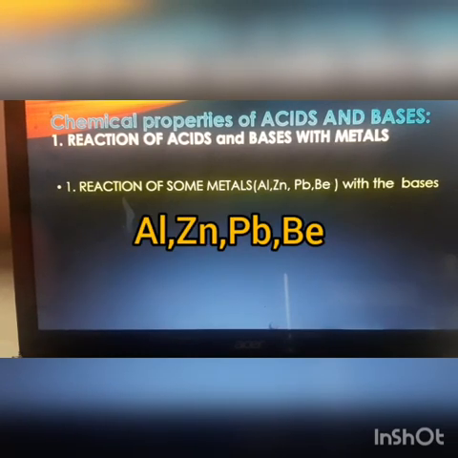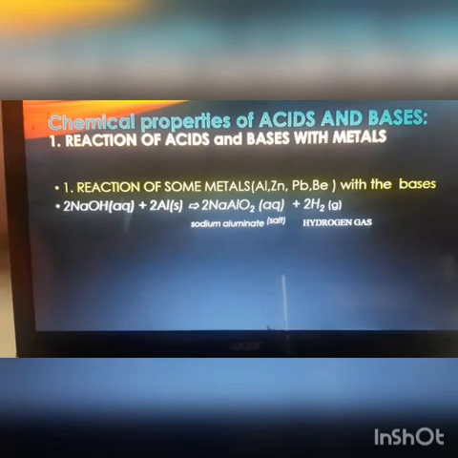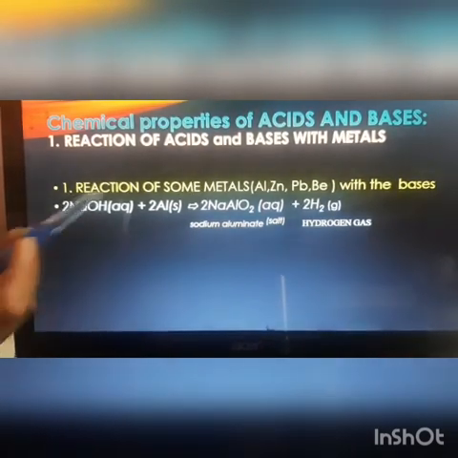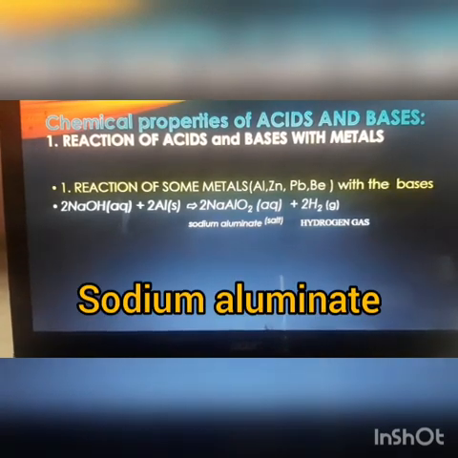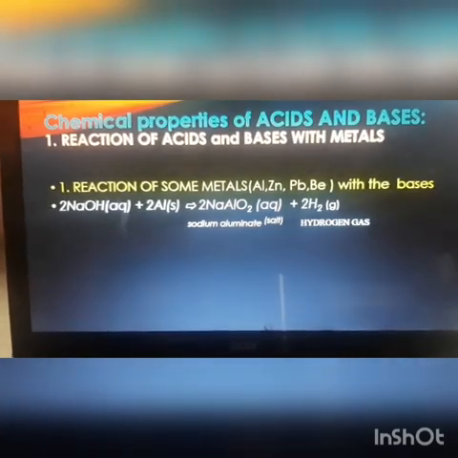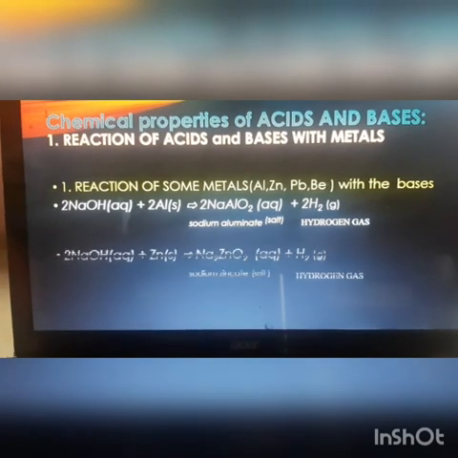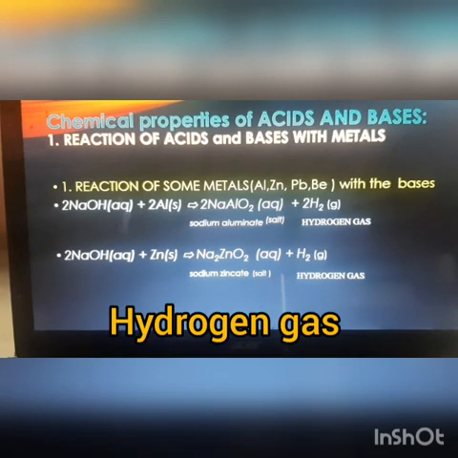Examples are aluminium, zinc, lead and beryllium. For example, sodium hydroxide and aluminium form sodium aluminate and hydrogen gas is evolved. Again, this sodium aluminate is a salt. Similarly, when zinc reacts with sodium hydroxide, it forms sodium zincate and hydrogen gas is released.